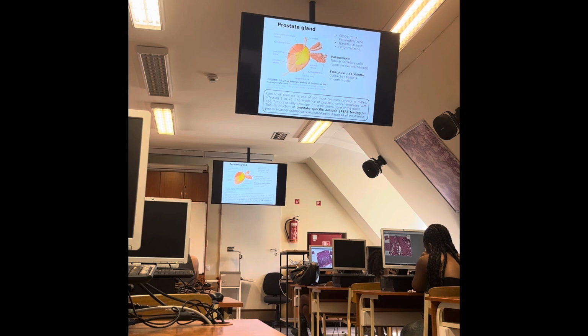Okay, so what other products are produced by the prostate? Fructose, obviously, which is necessary for the sperm cells as their energy source, and also amino acids, sugars, and prostaglandins are among the products of the prostate gland.